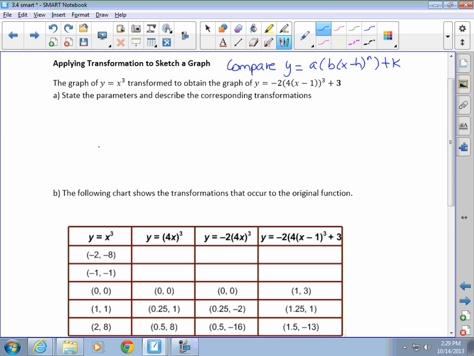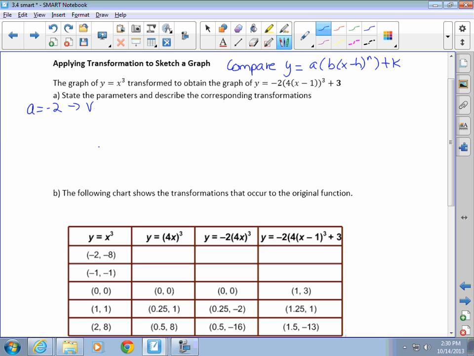So if we take a look at this, my a value is equal to negative 2. A negative value means that I'm going to have a reflection in the x-axis, so it's going to flip vertically. And it's going to have a stretch of 2. So describe the transformations.